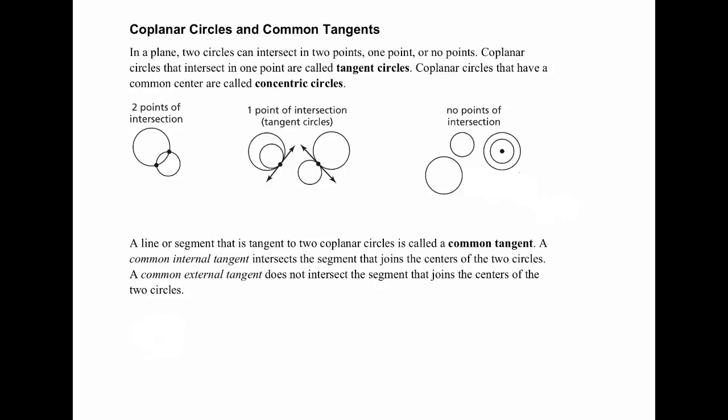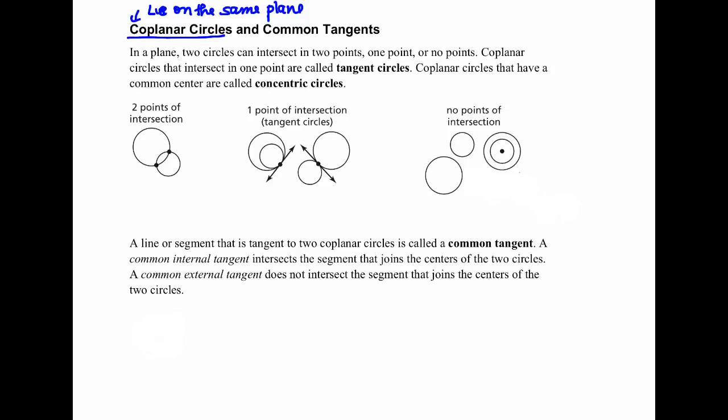Now we have to understand coplanar circles. Coplanar means they lie on the same plane. If they're lying on the same plane, they're called coplanar. And in a plane, 2 circles can intersect.